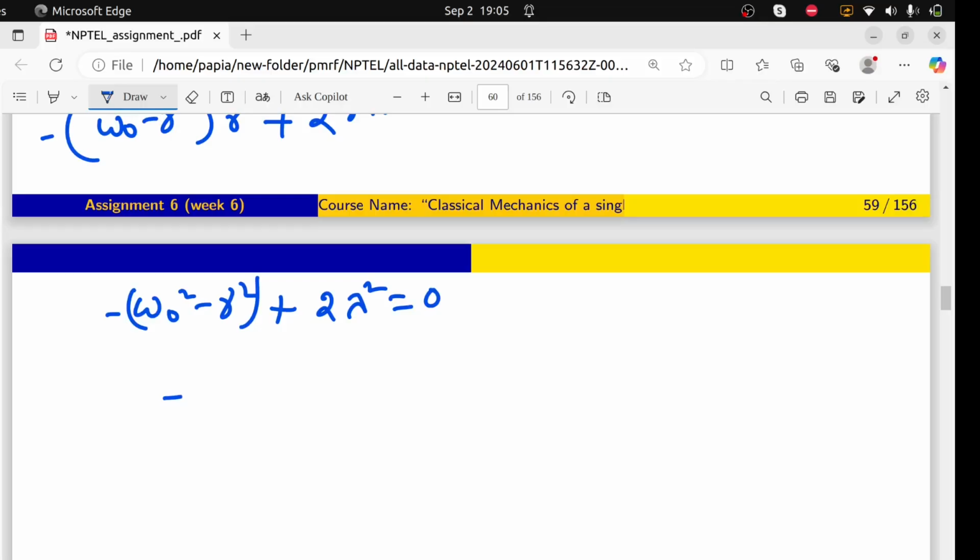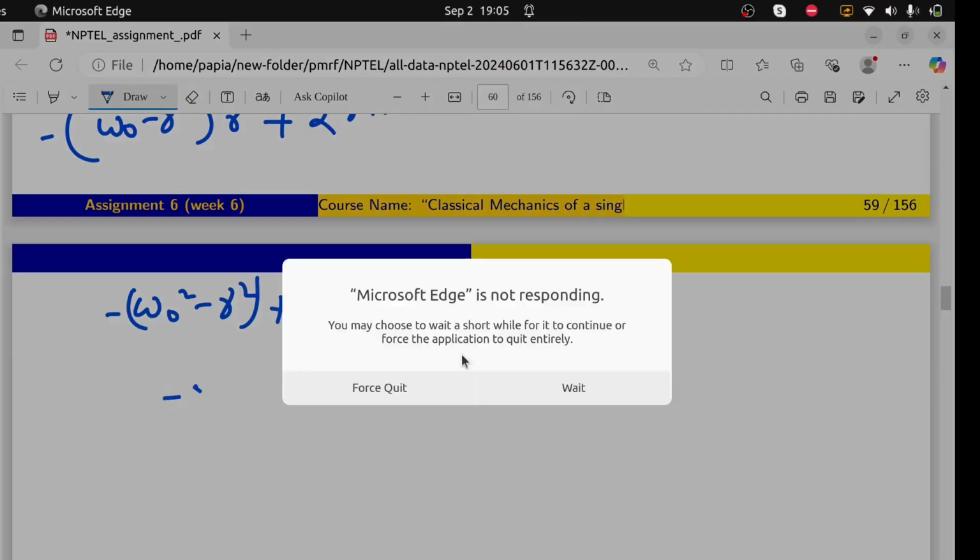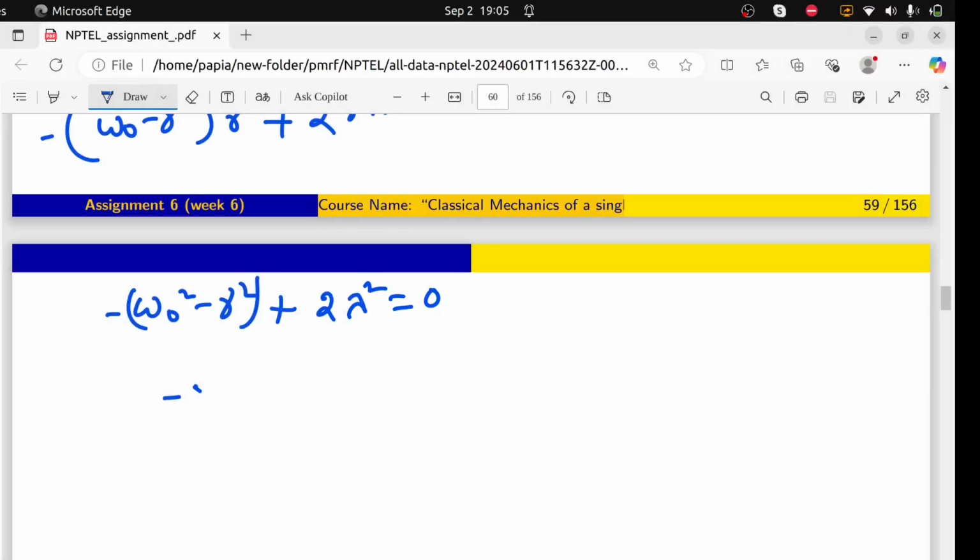Okay. So minus omega 0 square plus gamma square plus 2 lambda square equals to 0.